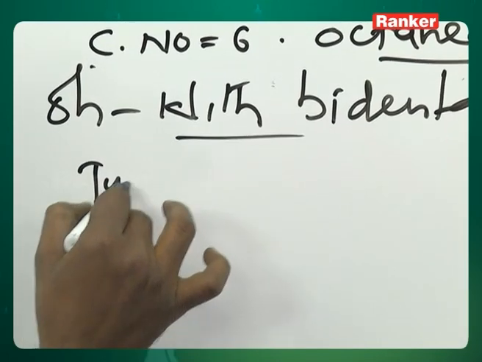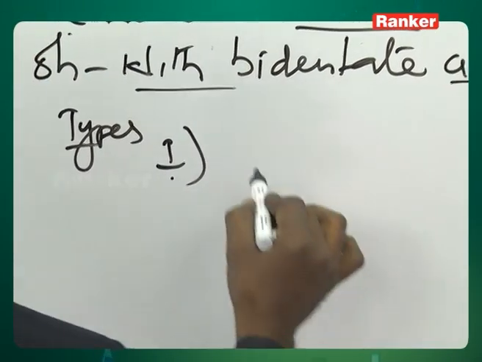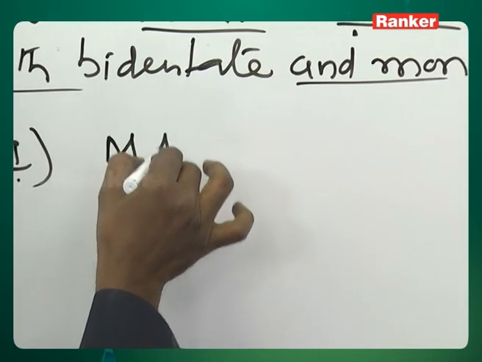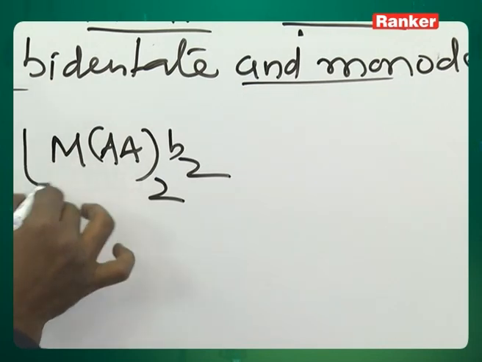Types under this: you take MAA, bidentate taken twice, with B2.